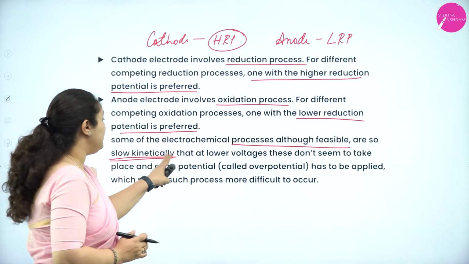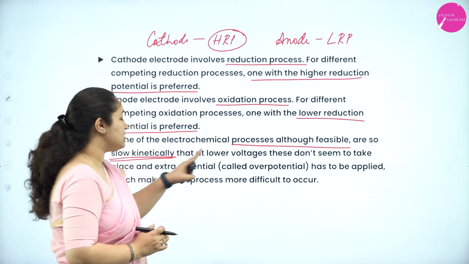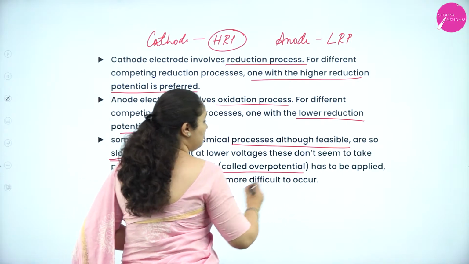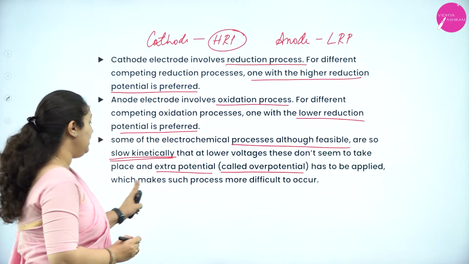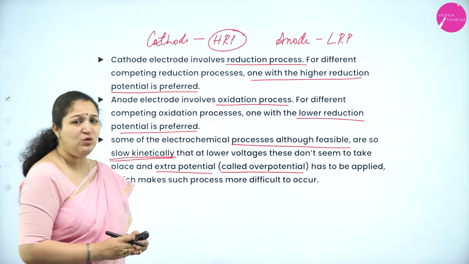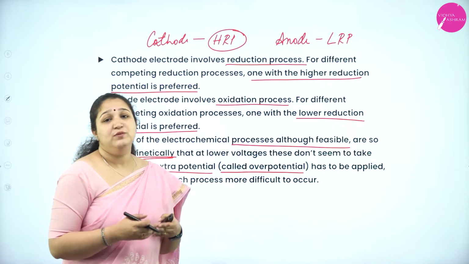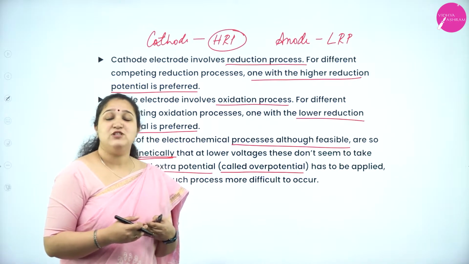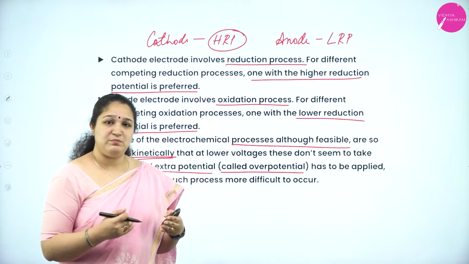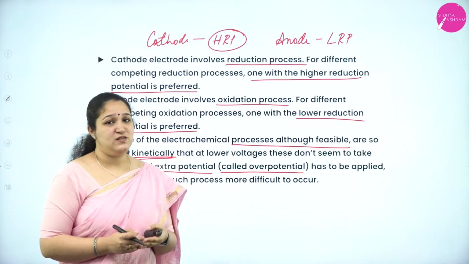So at that lower voltage these don't seem to take place, and an extra potential called over potential has to be applied, which makes such process difficult to occur. Now these are some of the factors on which the products of electrolysis is dependent. Now we'll take few examples to understand all of these factors.